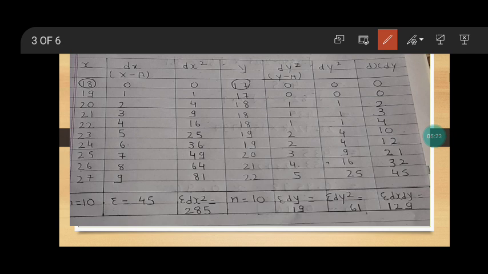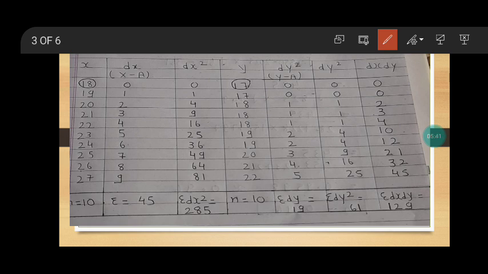When you consider the smallest number as the assumed mean, you won't have negative numbers in your calculations, so there would be fewer chances of your calculation going wrong.